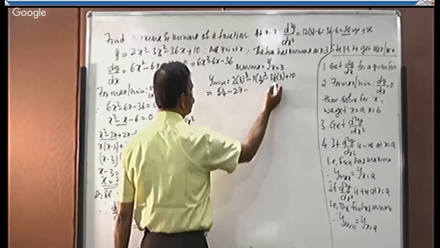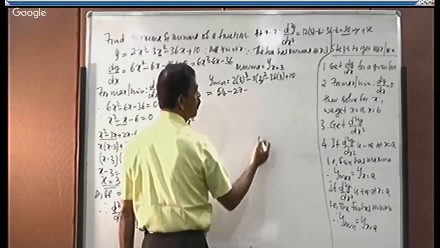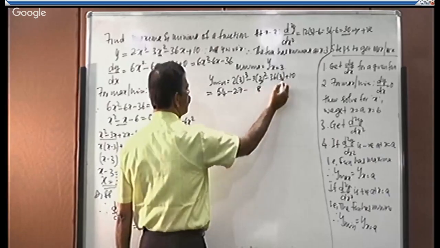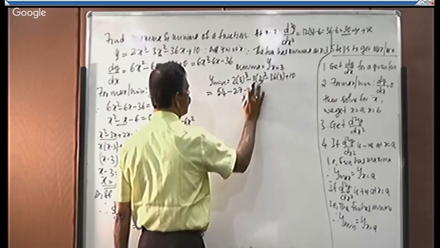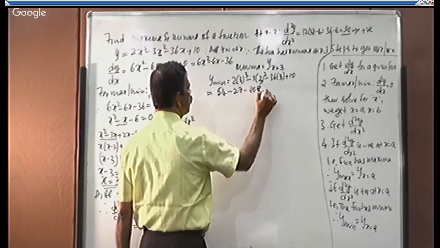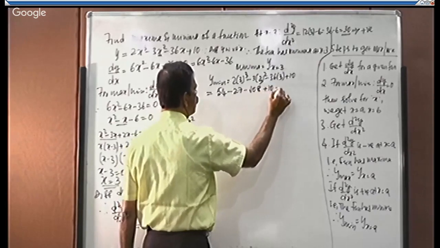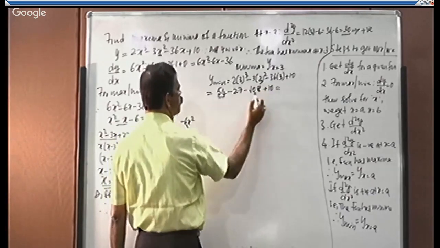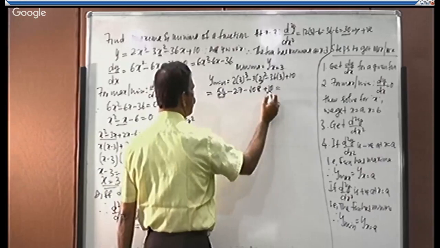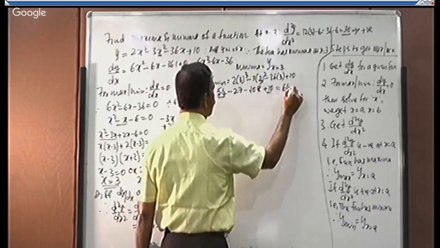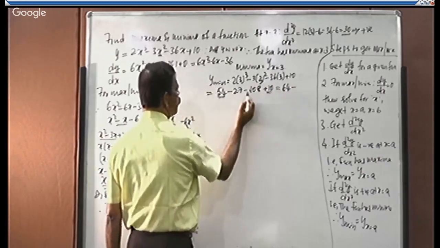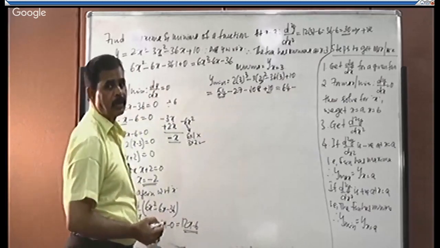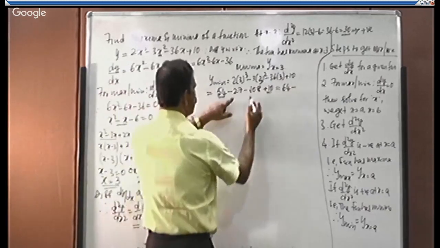Minus 36 into 3, 108. Plus 10. Add all the positive values: 54 plus 10, 64. Minus 27, minus 108. Those are negative numbers, add them.